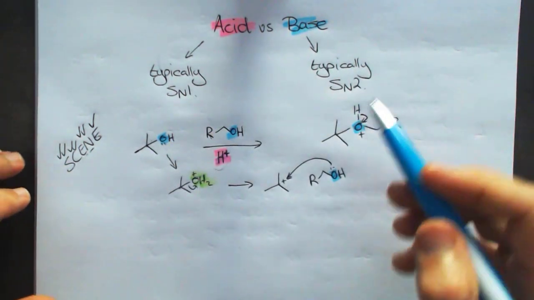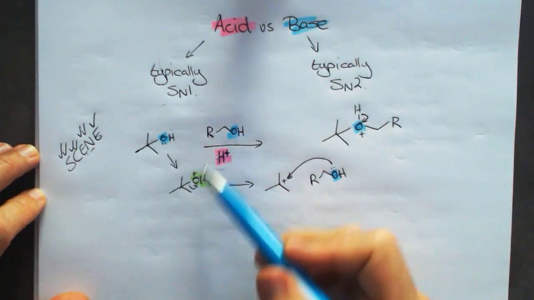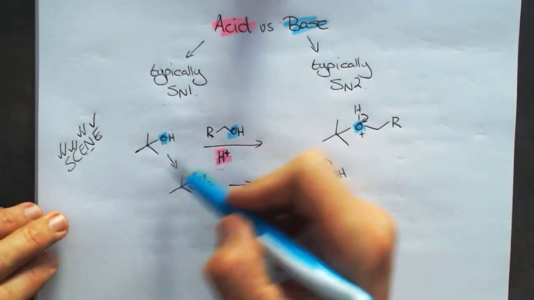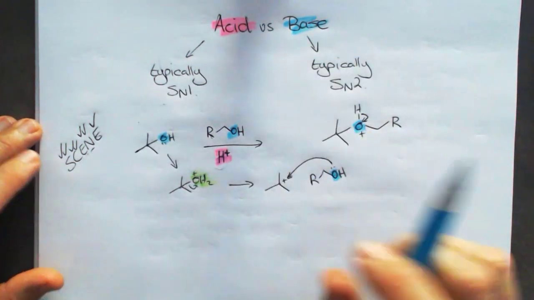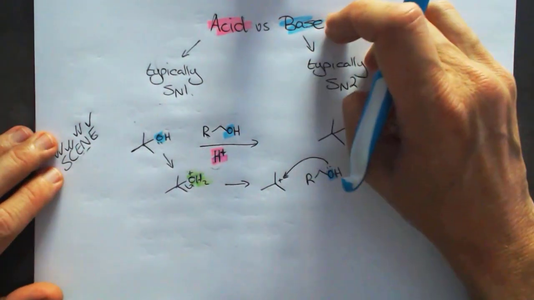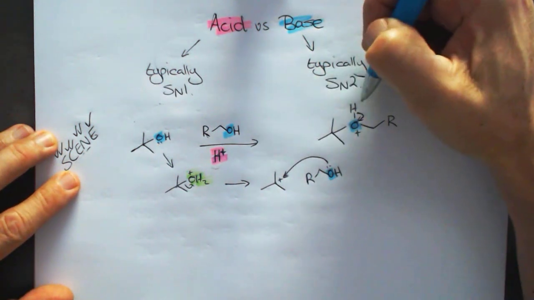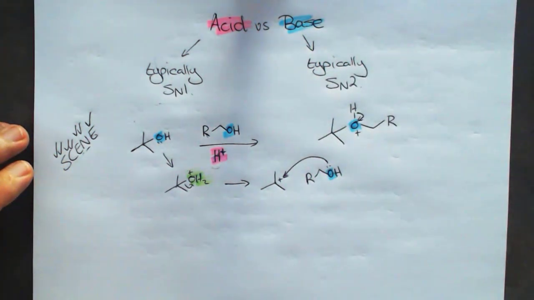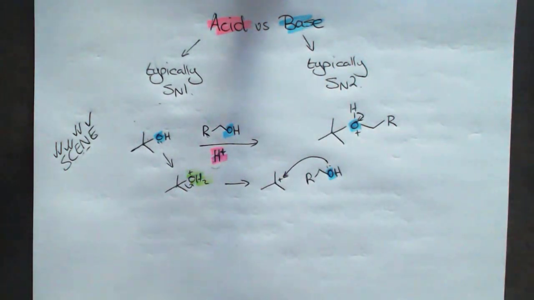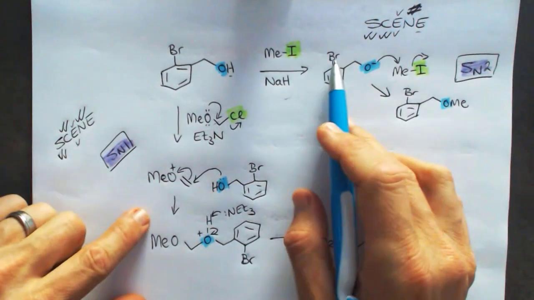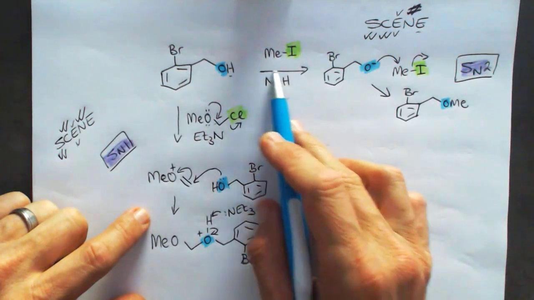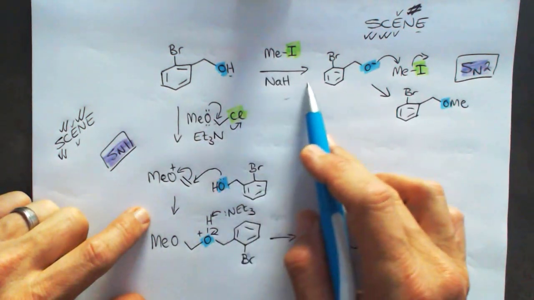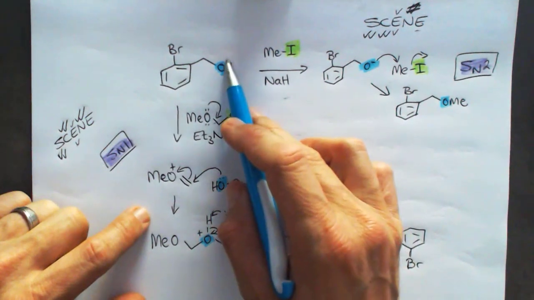So acid conditions typically lead us towards an SN1 reaction, because the acid is usually protonating an alcohol. Base is something that leads us towards an SN2, but we do need to look at it in the context of the reaction. I go back to my original example at the beginning of this lecture. There, the base we had, sodium hydride, was a good strong base, which is going to activate the nucleophile.